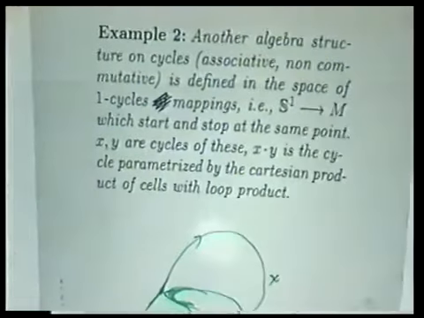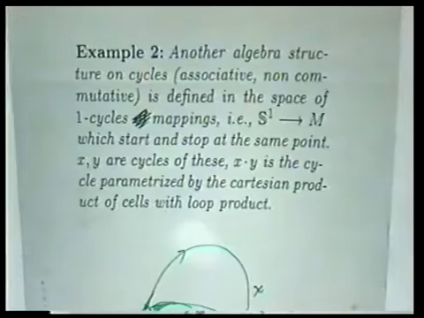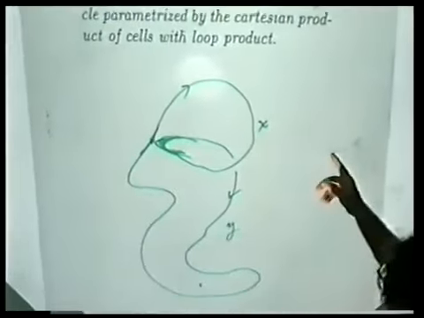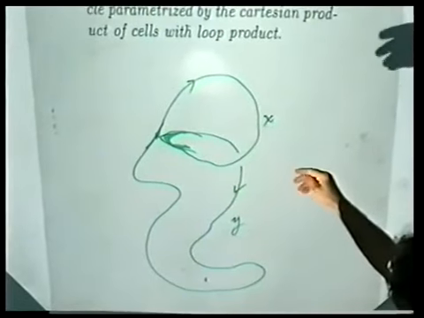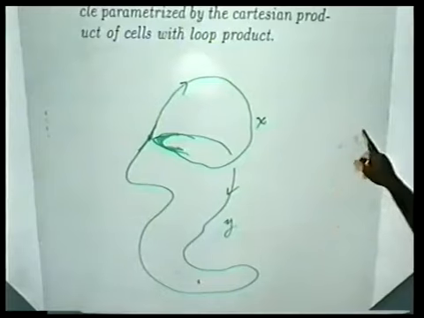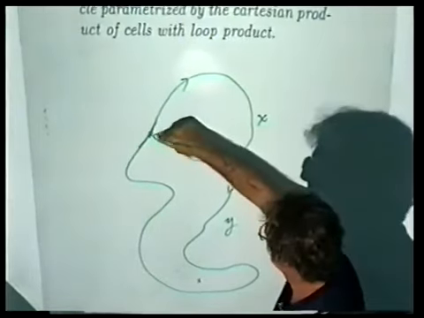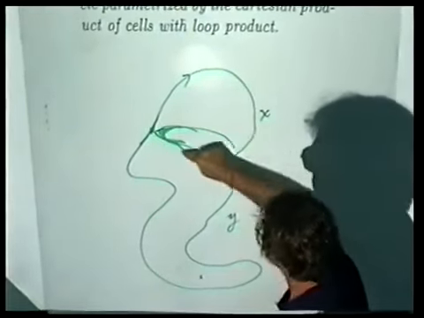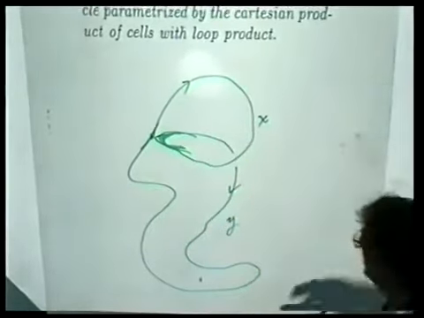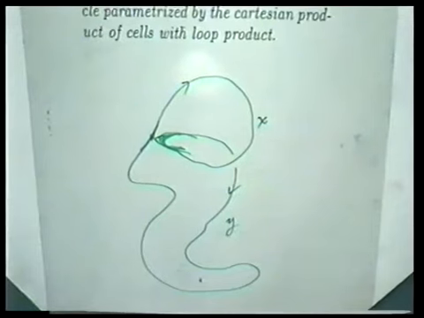Now this one is a different thing. Suppose you have the space of mappings of the circle into M which start and stop at the same point. Here's the point, and here's one cycle that goes around and stops here, X, and here's another cycle that goes around and stops here. Now maybe you have a cycle of these.